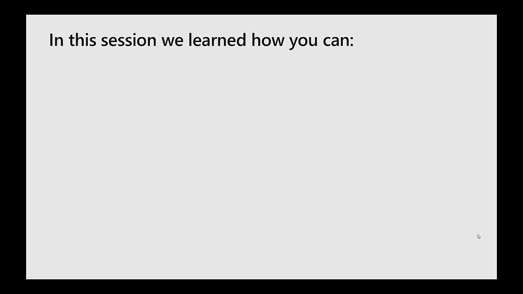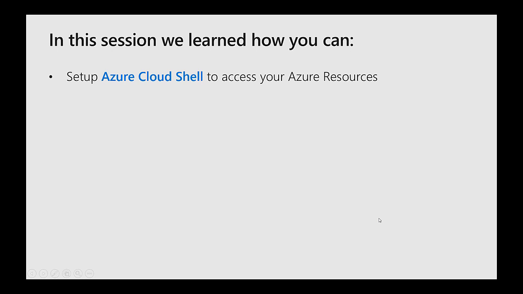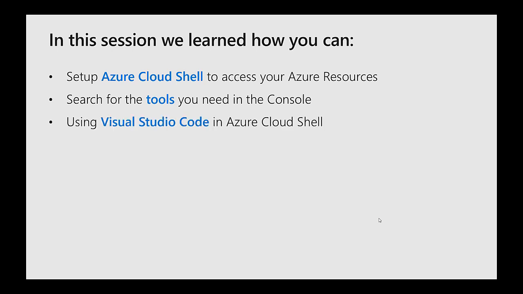And that about covers it for our session today on Azure Cloud Shell to access resources and work with resources in Microsoft Azure. We covered how to set up Azure Cloud Shell to access a resource and do the initial configuration. Along with that, we showed you how to search for tools within the console, both PowerShell and also the built-in commands.